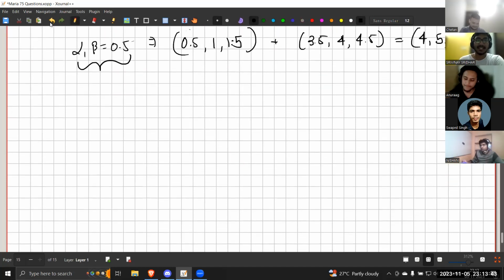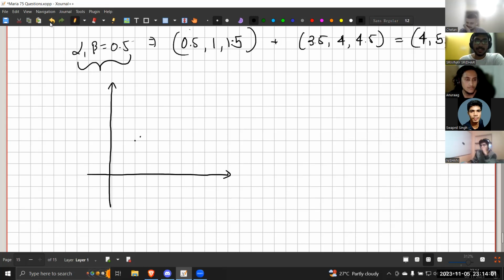Exactly. Just like how you look at the Cartesian plane, if you want to go to a specific point on the Cartesian plane by moving x comma y, x comma y is telling you how much to move in the x direction and how much to move in the y direction.